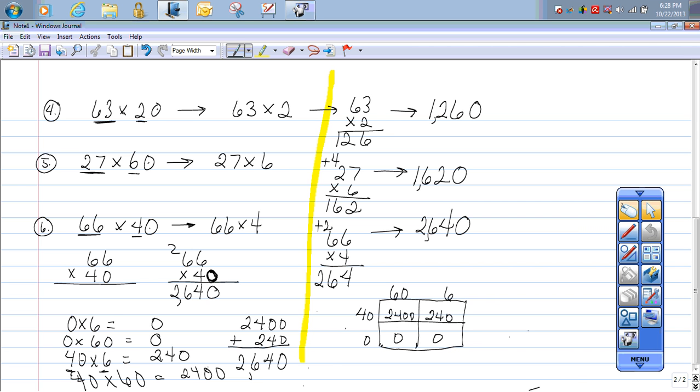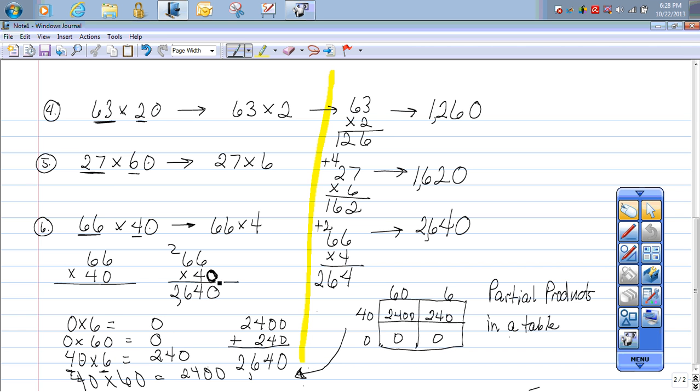So sometimes you will see your partial products placed in a table. And I just want you to be slightly familiar with this in case you see it. You already know how to do partial products.